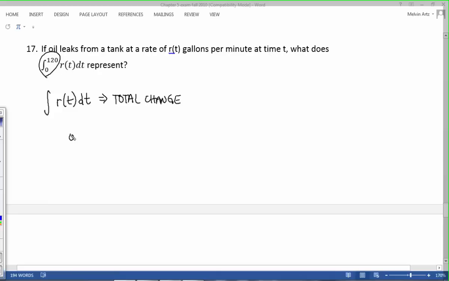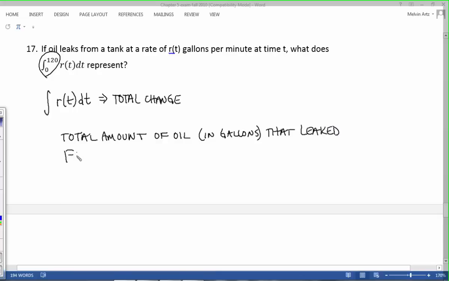So this would represent the total amount of oil in gallons that leaked from the tank, and since we're in minutes, we're looking at the interval from 0 to 120.